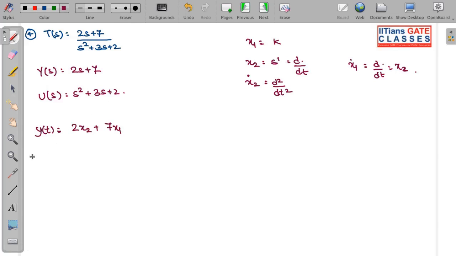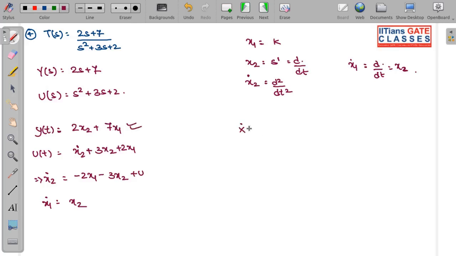And from the other expression, u(t) = x2 dot + 3x2 + 2x1. So you can write x2 dot as minus 2x1 minus 3x2 plus u, and x1 dot is equal to x2, which we already have, and y is equal to 7x1 plus 2x2.